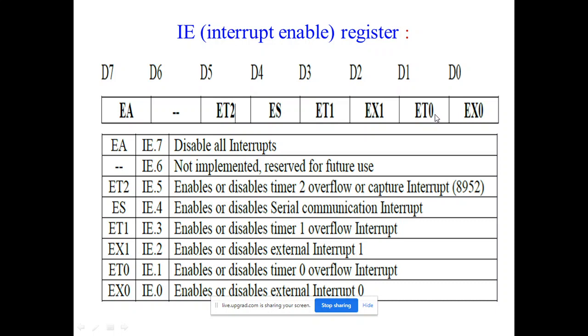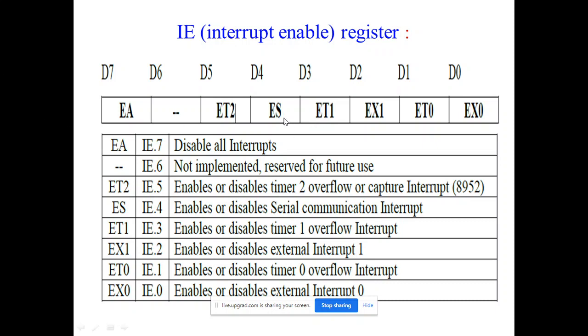In that situation, we write 1 here because we are allowing the others. That's why all others are 1 except timer 0. We make this a disable, means we write 0 here and all others are 1. Agree for this?